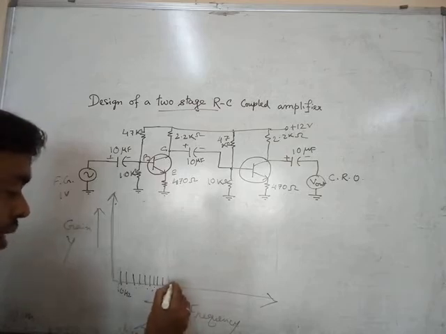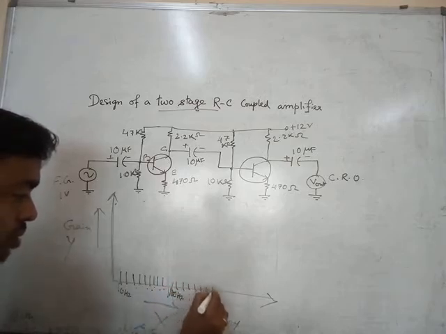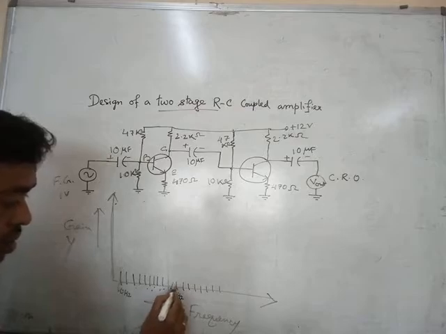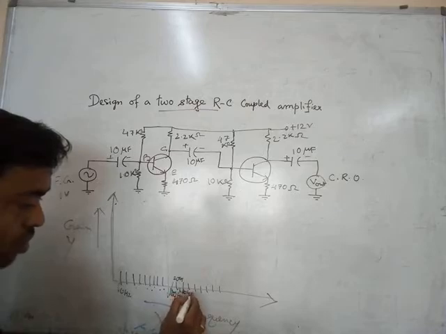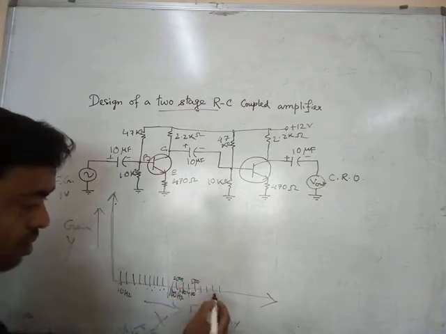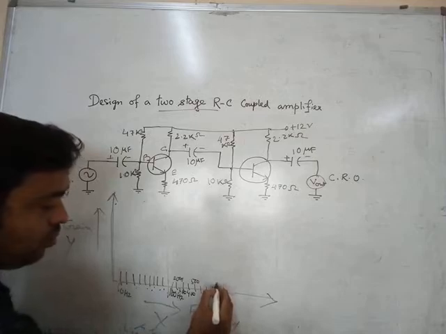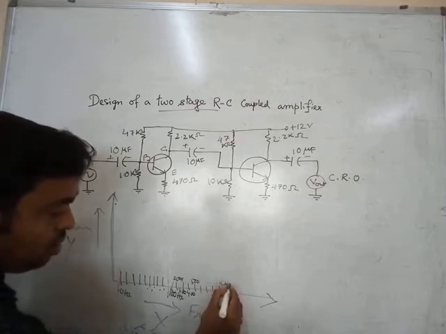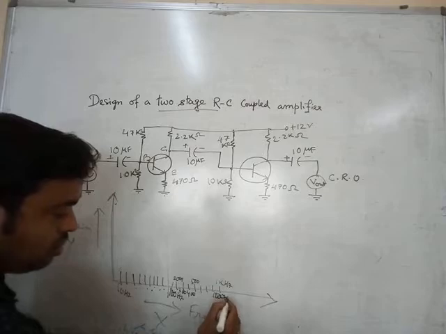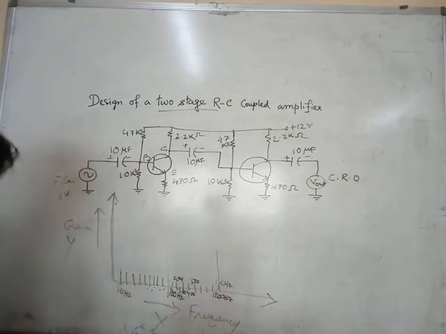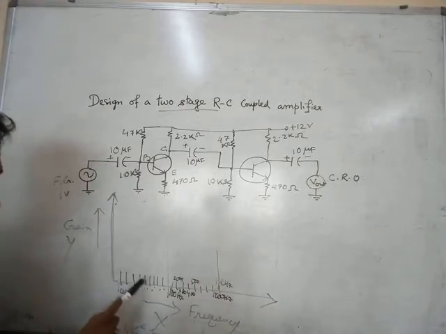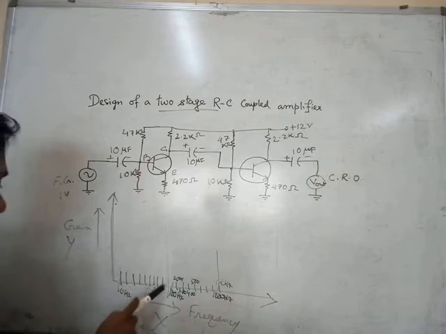Then the next small division will go, this 100 Hz, so this is 200 Hz, next 300, next 400, next 500, up to 900, next 1 kilohertz or 1000 Hz. So first division is 10 Hz, multiply 10, 20, 30 up to 90, then 100.